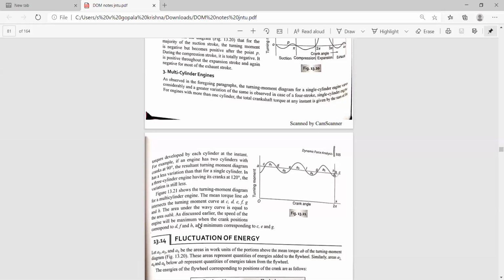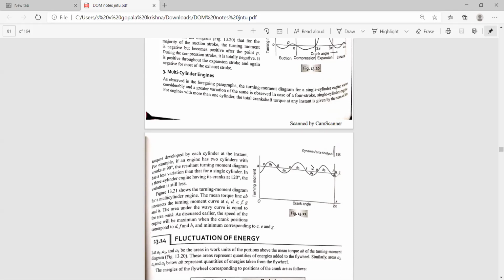So why will it be generated as a sine wave? Because when we have a number of cylinders in our engine, once the power stroke is completed within the pi angle, again we get another power stroke. That means we get more power strokes within one complete revolution of the crankshaft. Each time we get one power stroke.